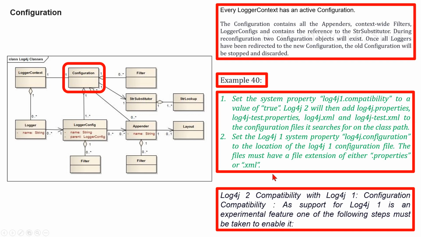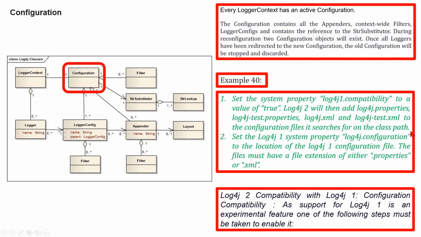As support for Log4j1 is an experimental feature, one of the following steps must be taken to enable it. Set the system property log4j1.compatibility to a value of true.